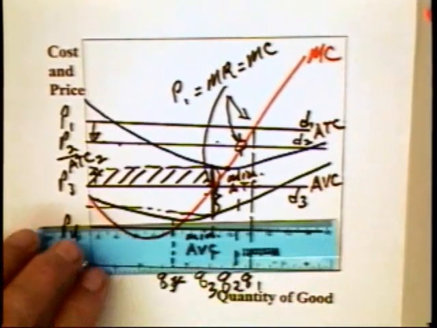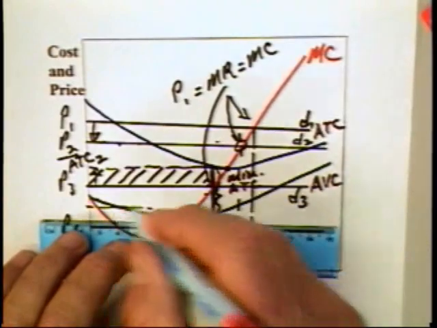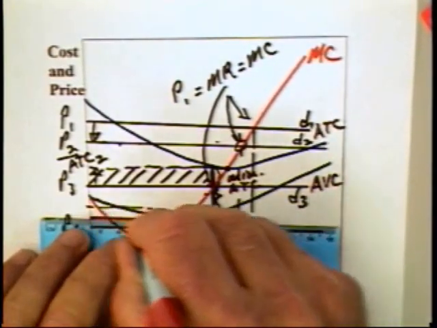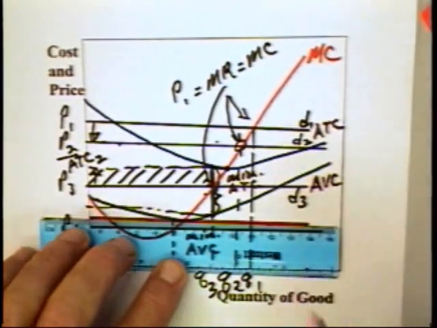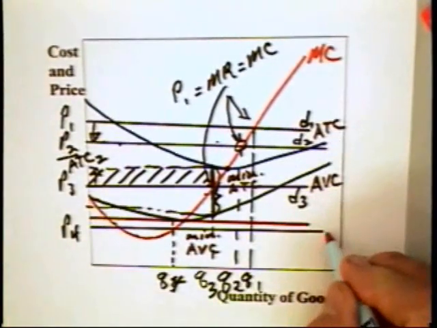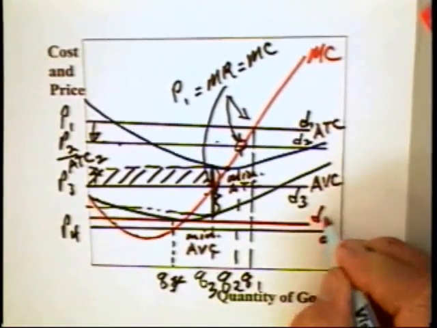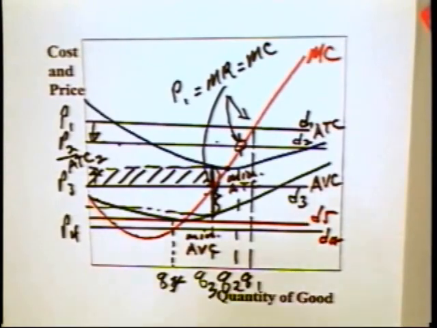The moral of the story is that if the price ever goes below this point here, that is, we'll call this D4 and this D5, if it ever goes below the red D5, then the firm should in fact shut down.